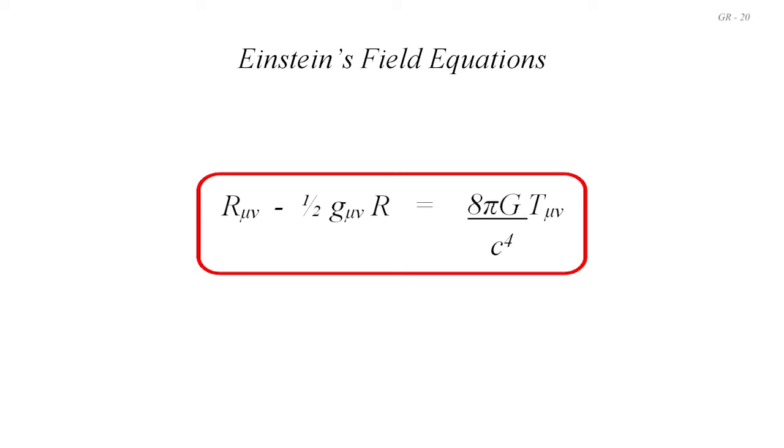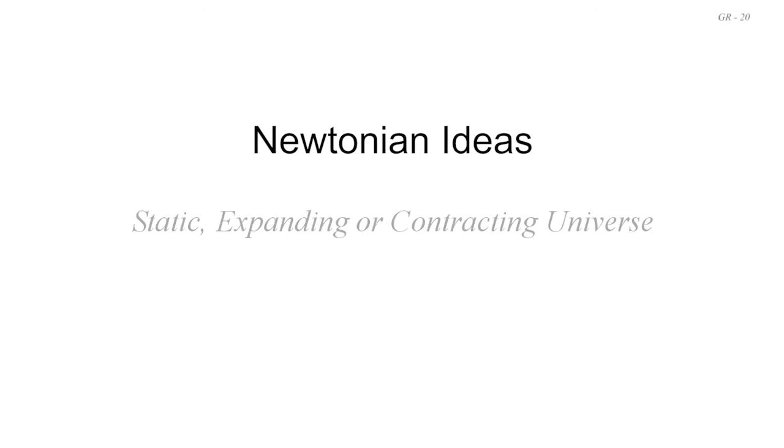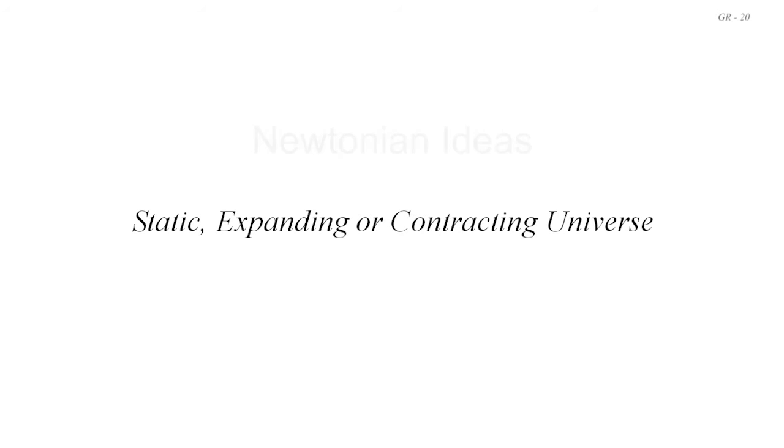We will try, as best we can, to explain the reason for the presence of the cosmological constant in Einstein's equations. Before we tackle any of that, it might be good to spend a few moments thinking about some simple Newtonian ideas with regard to the expansion, or otherwise, of the universe, as these ideas will be helpful later when we're thinking about the cosmological constant.